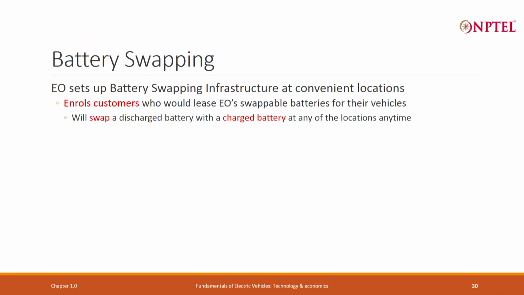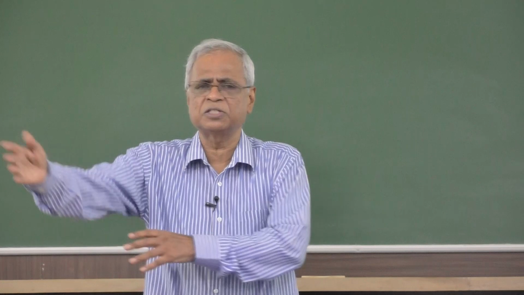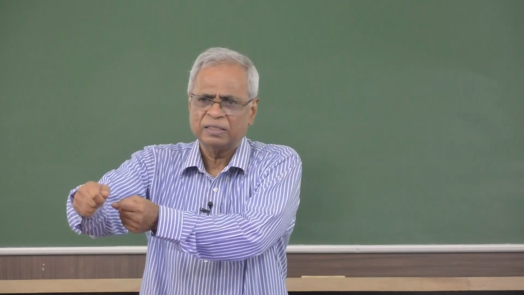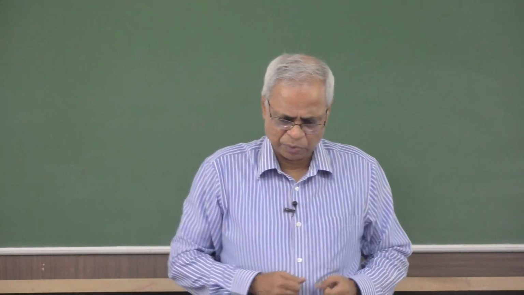So, I come to this concept of battery swapping. We talked about that battery swapping is a mechanism. Energy operator sets up battery swapping infrastructure at a convenient location, as I pointed out, every third street corner. So, you go there when your battery is discharged, you give away the discharged battery, and take a charged one.